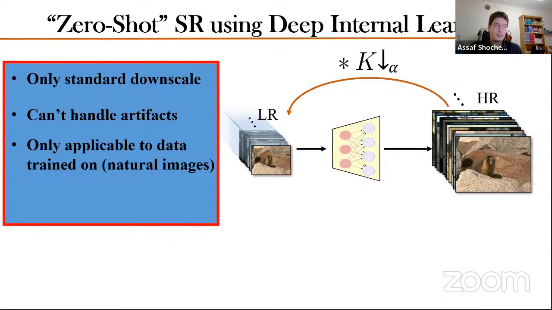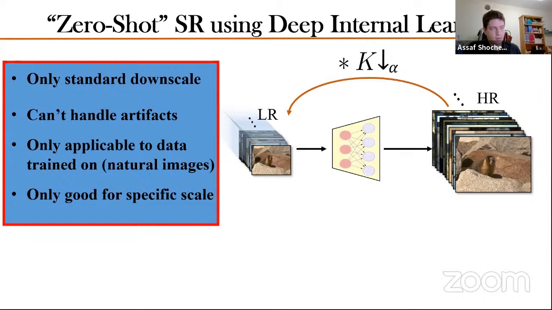The network wouldn't be fit for it. And once you train such a network, it's only good for the specific scale that it was trained for. So you have this network trained for X4 super resolution, and this is what you can do.